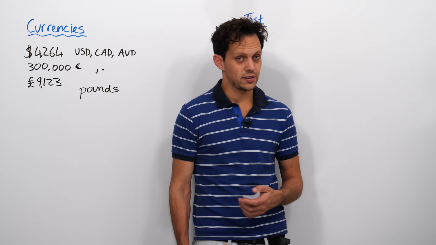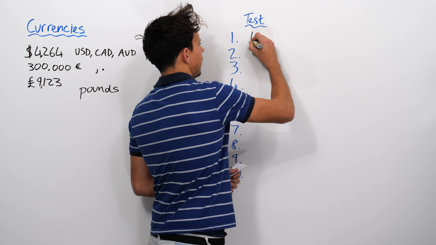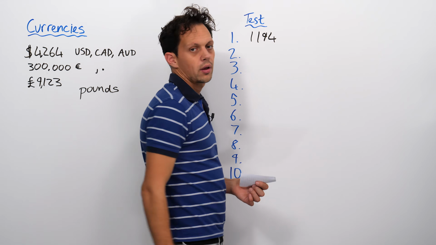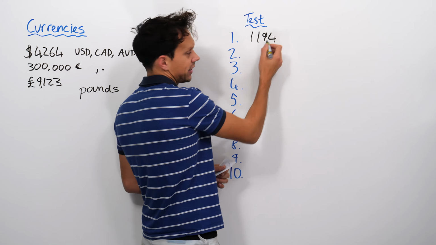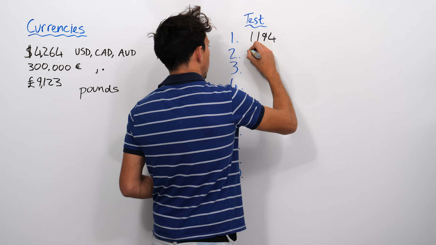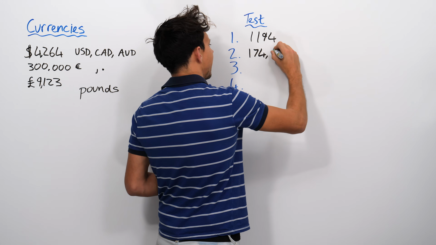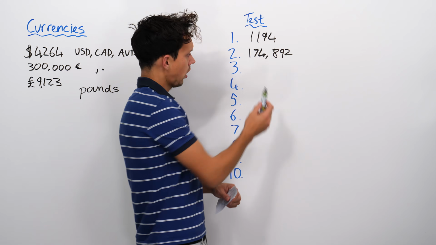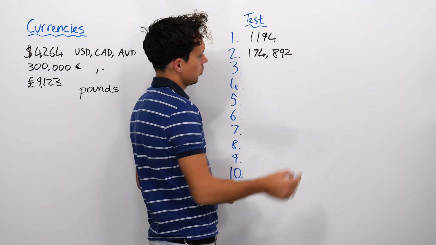We're going to have a look at the answers. Now, the first one was 1,194. Practice saying it with me. Number 2 was 174,892.